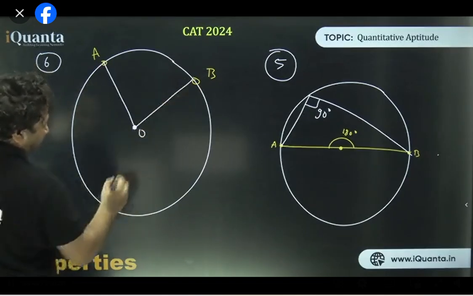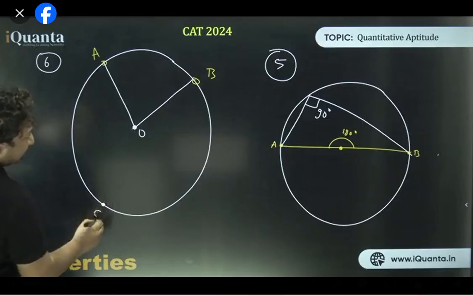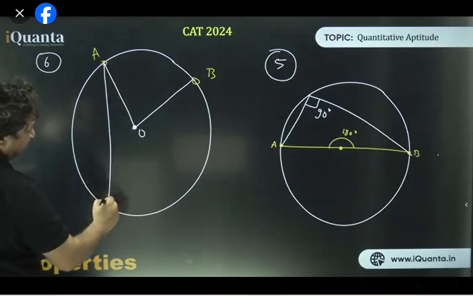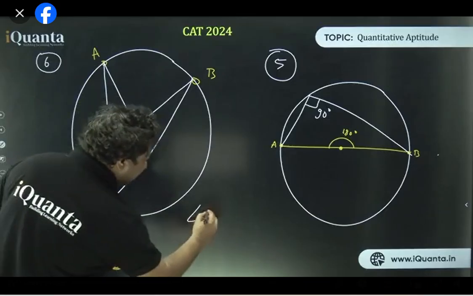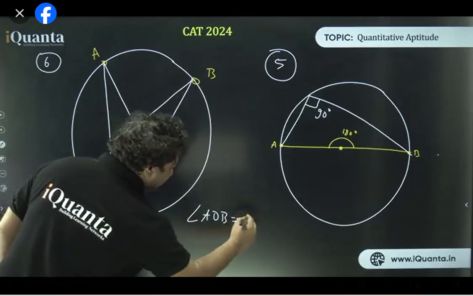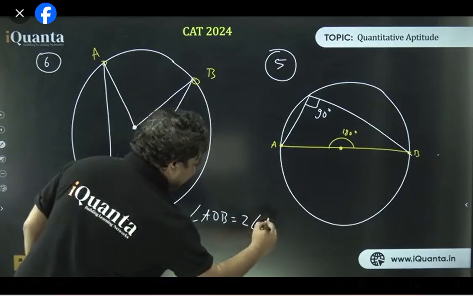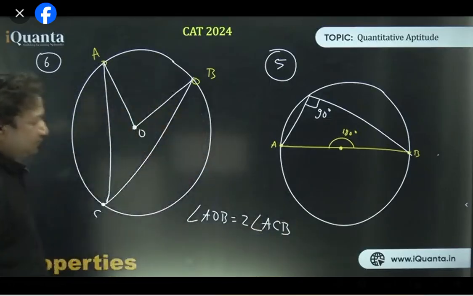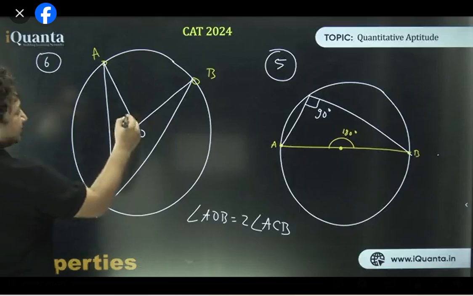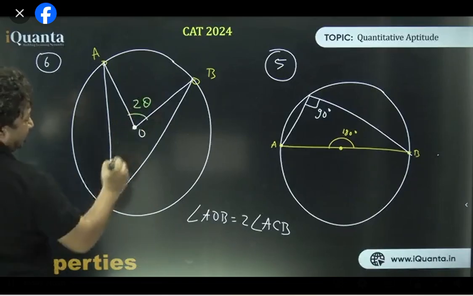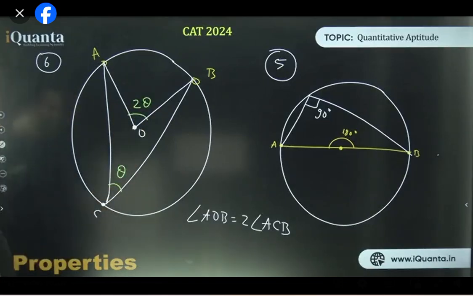Let this be O and let this be C. Can I say that angle AOB will be twice of angle ACB? Yes or no? Exactly, Vihana. And while using angle, I'll be using this term theta. So if this is 2 theta, this will be theta.